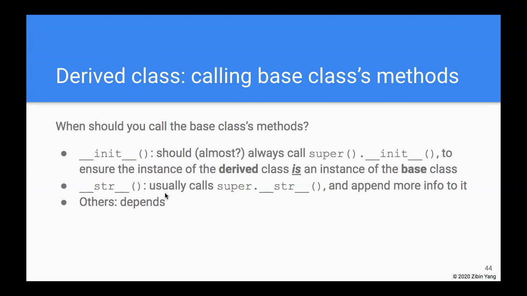And then for Dunder String, yes, we usually call the super Dunder String to get a description of the instance of the base class, and then we append whatever extra information the derived class has to the string returned by the super dot Dunder String method. And then for other methods, you may or may not want to call the base class methods, depending on what the requirements for those methods are.